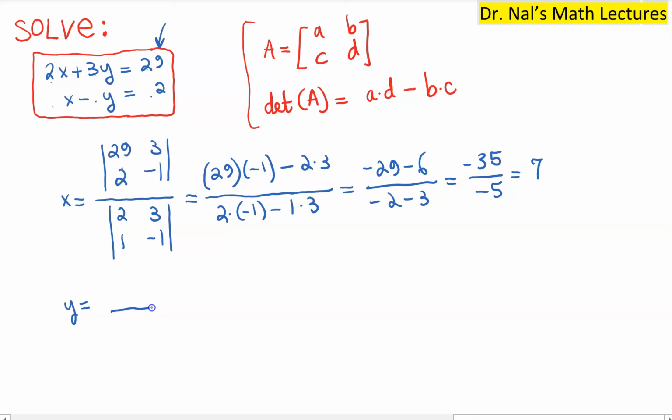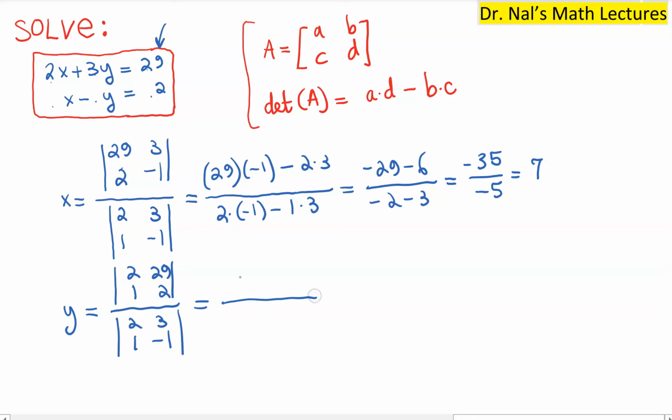Let's use the same technique to calculate y, the second variable. The denominator will not change. Again, it is the determinant of the coefficient matrix on the left-hand side. We keep the first column, and the second column will this time be replaced with 29 and 2, because we are computing the second variable.